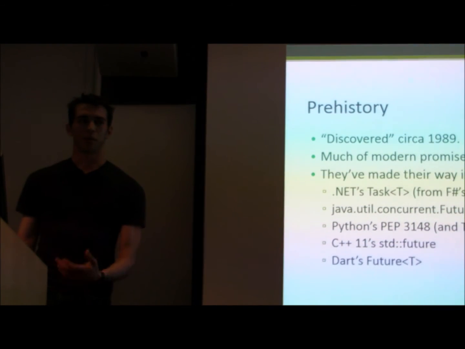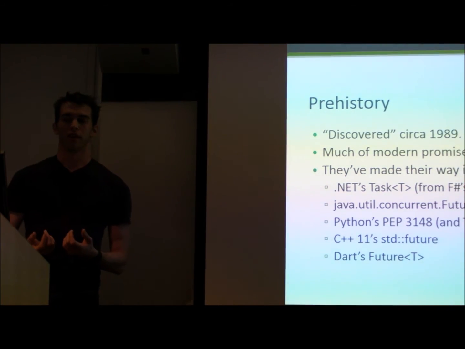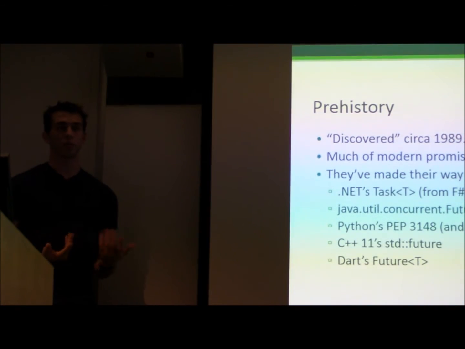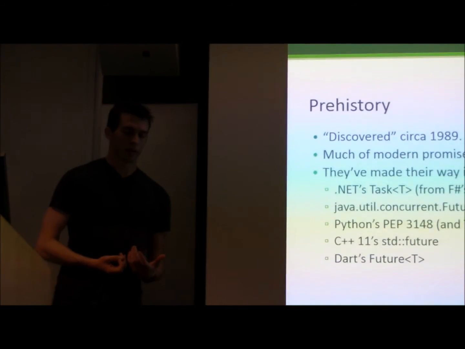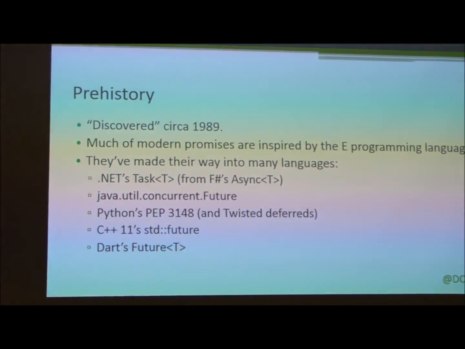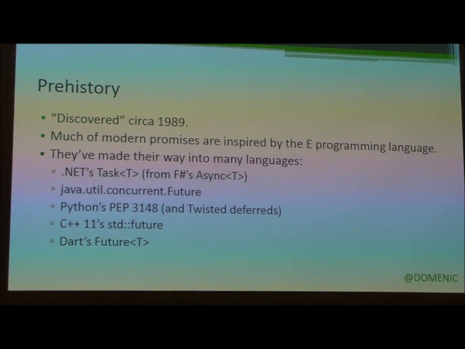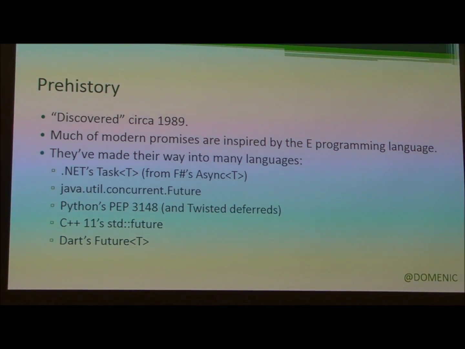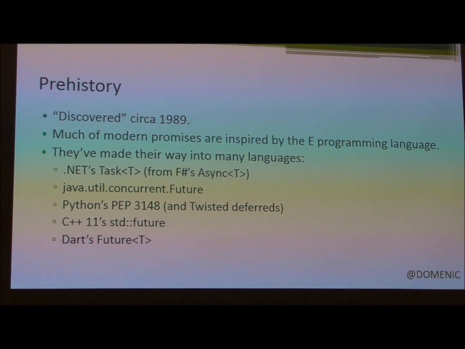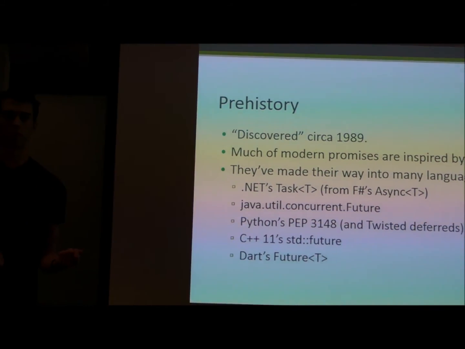Back in the day, promises were essentially discovered around 1989 in programming language research. The E programming language by Mark Miller was one of the original languages that used promises as first-class values. But they've made their way into so many languages these days, it's really a prevalent pattern. F#'s async was actually inspired directly by E's promises.